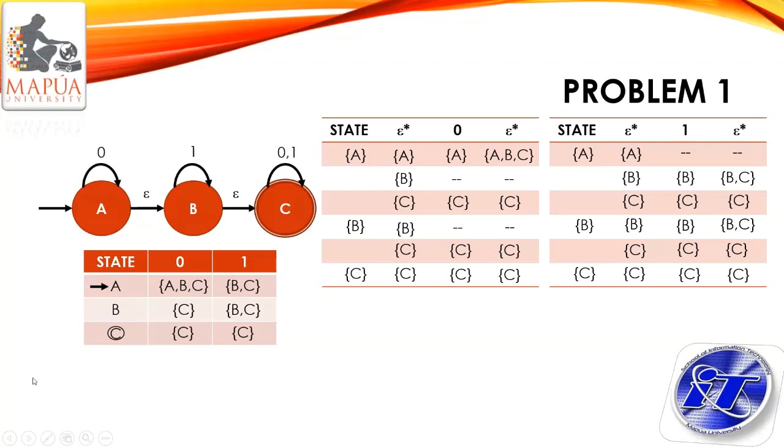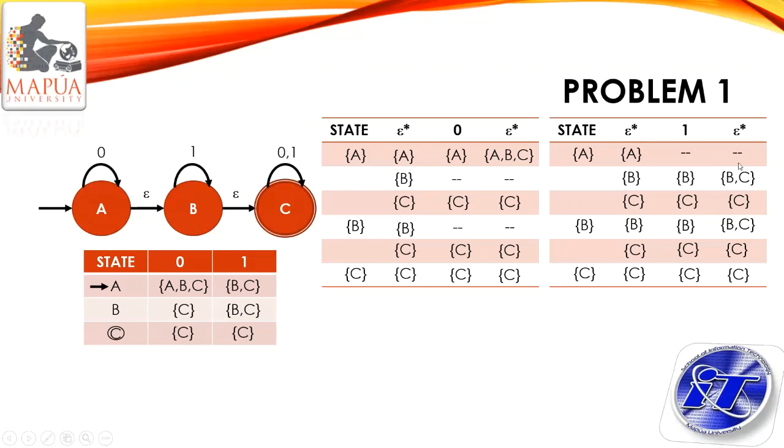Then let's create this transition table for the NFA. For A, if it's 0, based on this table, it will go to A, B, C, and C, and B, nowhere to go. So we're going to union all these paths, and C is part of ABC, so it will just be ABC here. For A at 1, no path, union with BC, union with C. C is part of BC, and no path is just disregarded.